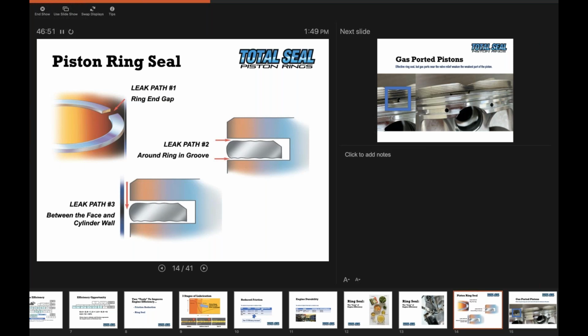You look at a cast ring, the Ra is around 4, which isn't bad, right? But a diamond finish ring is 0.4. So it's a fraction of the surface roughness. Smoother, flatter, better ring seal.